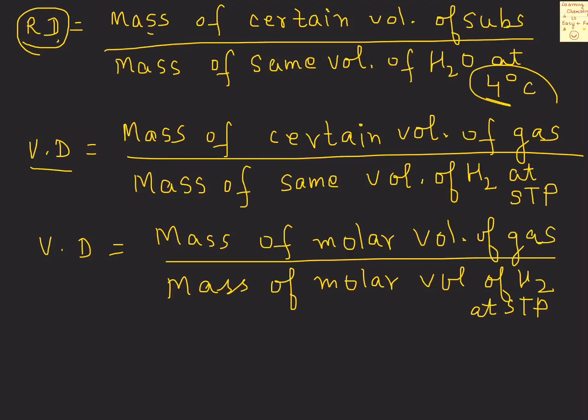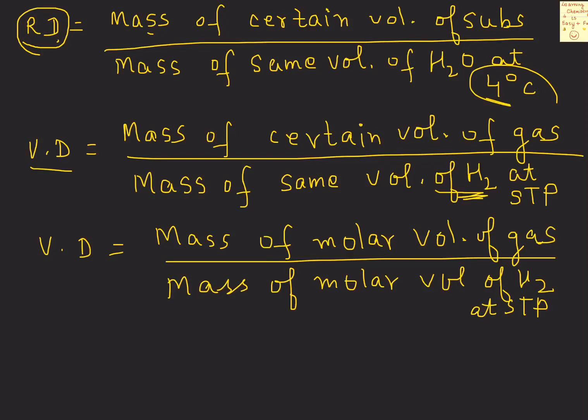So, when we have to express the density of a gas, instead of taking water as a standard, for gaseous substances hydrogen gas is the standard, and we measure or take the values of both the gases under the same conditions of temperature and pressure.